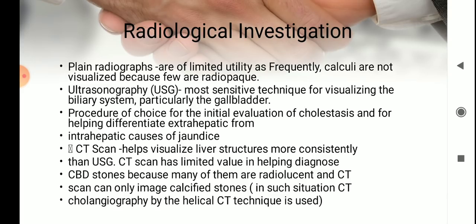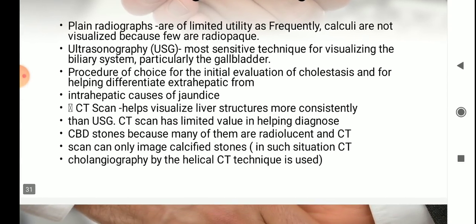Ultrasonography is the most sensitive technique for visualizing the biliary system, particularly the gallbladder. It is the procedure of choice for the initial evaluation of cholestasis and for helping differentiate extrahepatic from intrahepatic causes of jaundice. The CT scan helps visualize liver structures more consistently than ultrasonography.